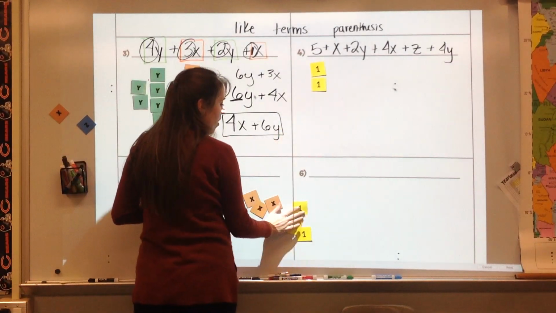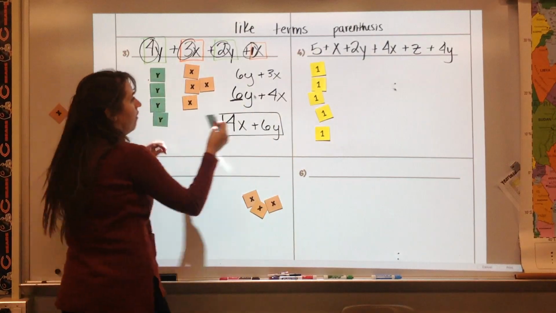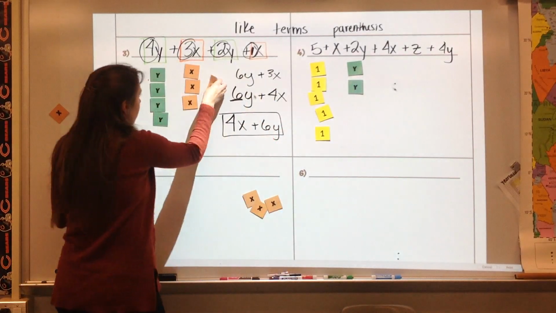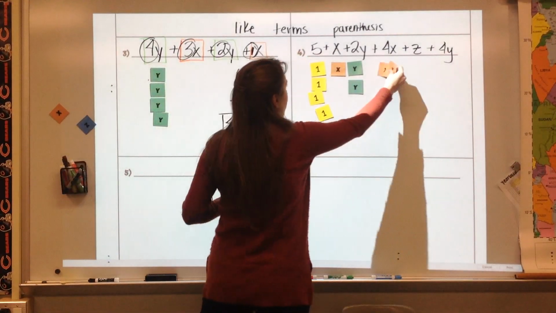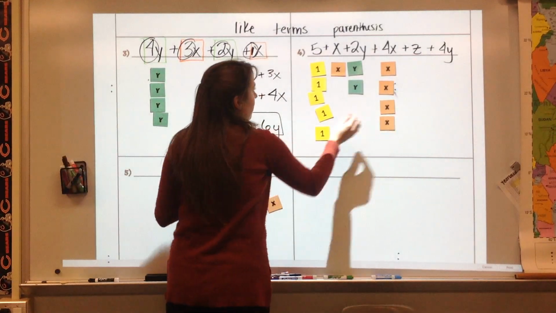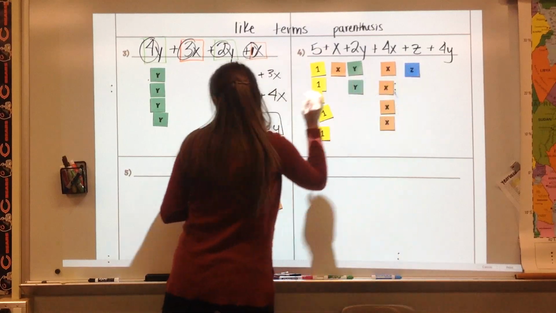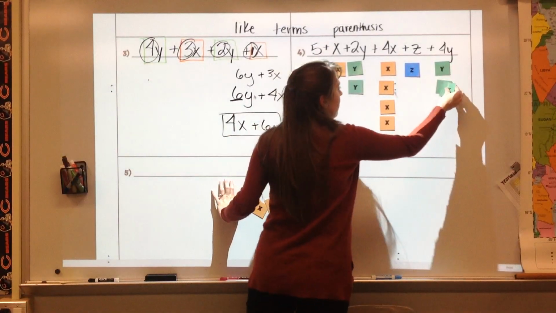So we've got 5 1's. We have 2 y's. We have an x here. Sorry, I missed that one. We have 4 x's. We have a z, which we're using blue for. And then we have 4 y's.